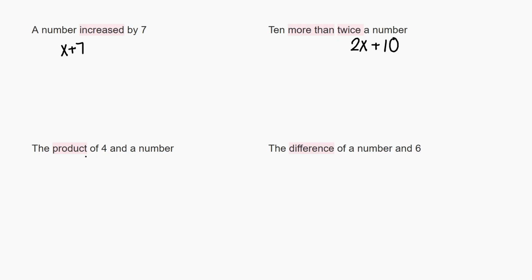For this one here, we have the product of 4 and a number. So product implies multiplication, so we're multiplying 4 by a number to get 4x. Here we have the difference of a number and 6. And difference is actually a grouping word, but as you can see, there's no other operation, so it's just going to be x minus 6.